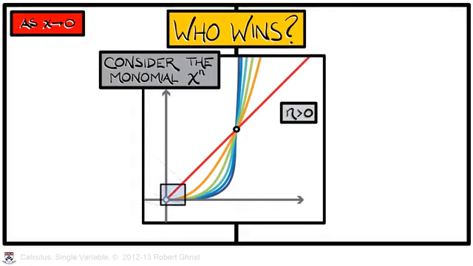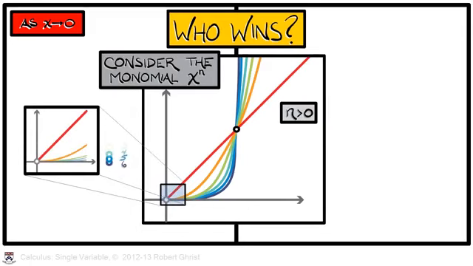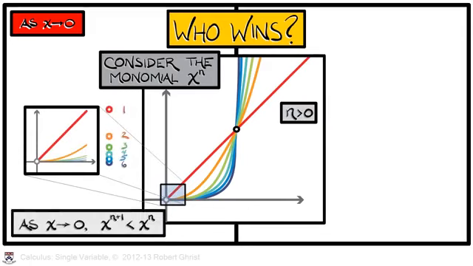But this is extremely interesting because if you look at the hierarchy of functions, as x is going to 0, we see that linear is bigger than quadratic, is bigger than cubic, is bigger than quartic, etc.